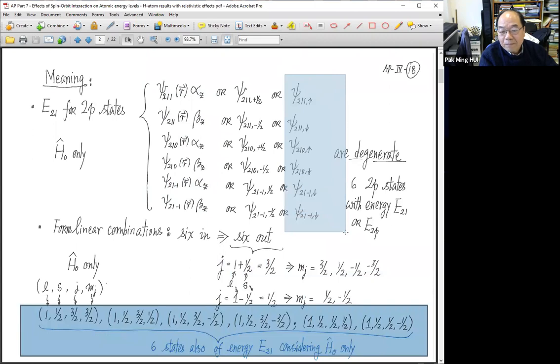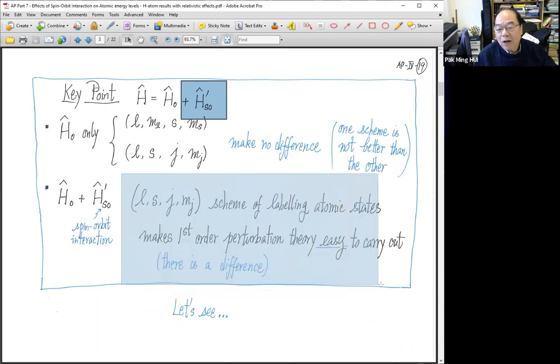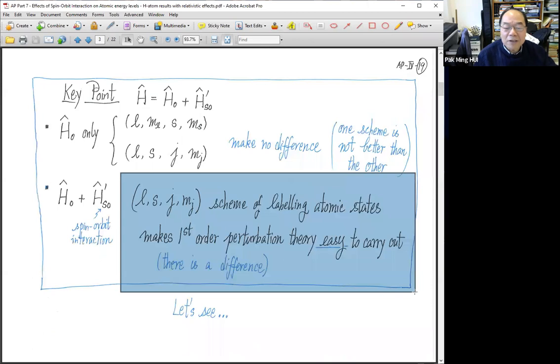If it is H0 only, they are both good. But with spin orbit interaction included, one set is better than the other. This total angular momentum description is much better than the other because it turns out it will make the first order perturbation theory very easy to do. Let's see why.